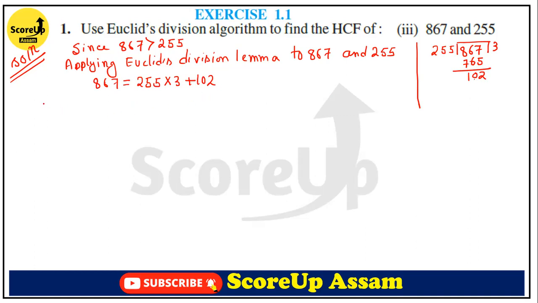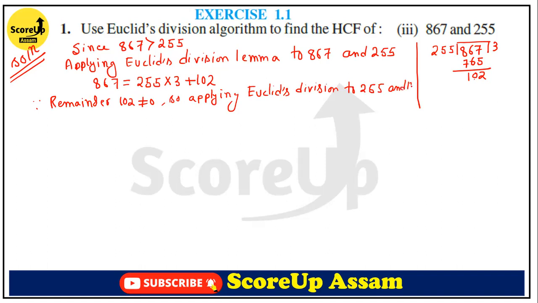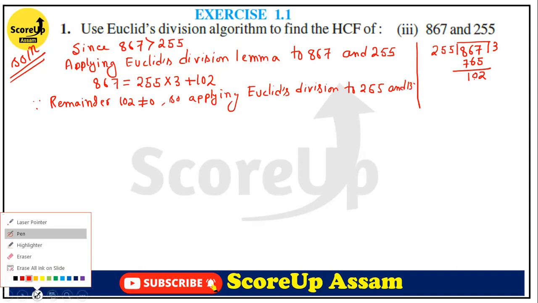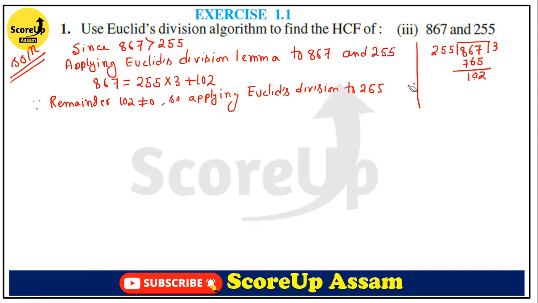Since the remainder 102 is not equal to 0, we apply Euclid's division lemma to 255 and 102.